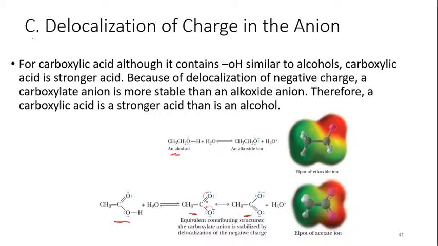The delocalization of the electron over the two oxygens gives me two resonance structures, while in the case of alcohols, they do not form resonance structures, only the alkoxide ion is formed. This is why acetic acid, with two resonance structures, is more acidic than the alkoxide. So this is why alcohols have lower acidity than acids.